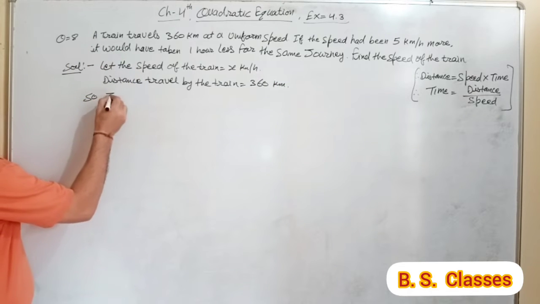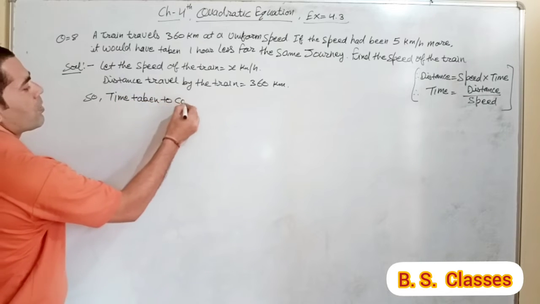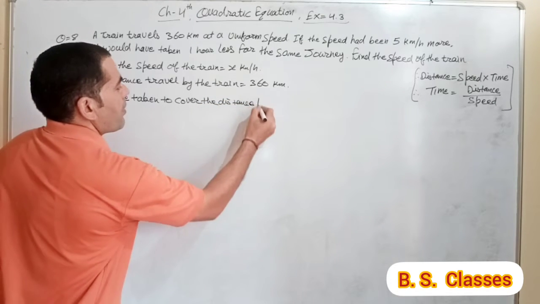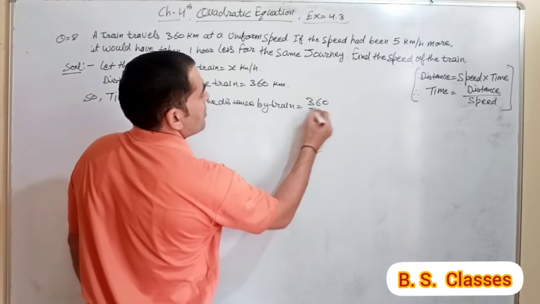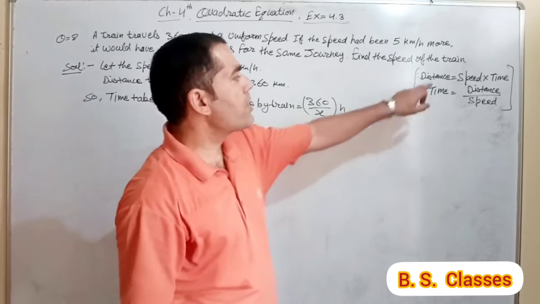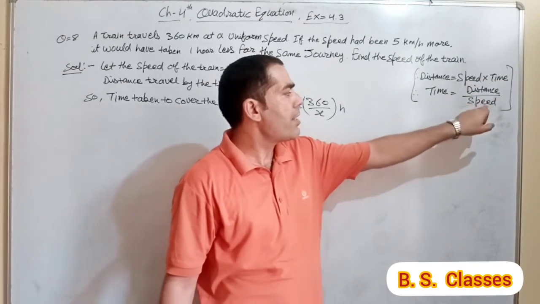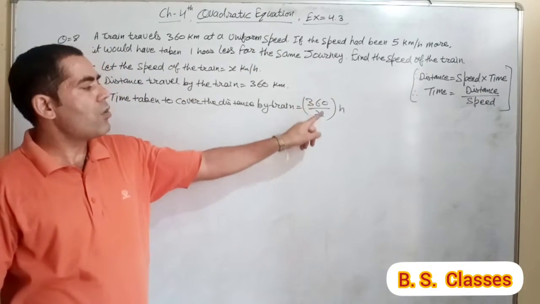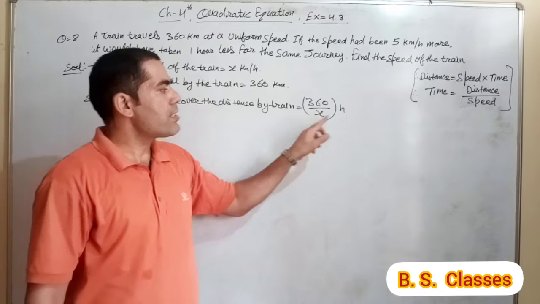So the time taken to cover the distance by the train is 360 upon x hours. You know the formula, students: distance is equal to speed multiplied by time, and time is equal to distance divided by speed. So the time taken to cover the distance of 360 kilometer at uniform speed x of the train is 360 upon x hours.